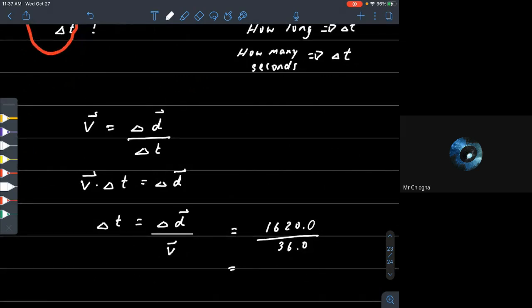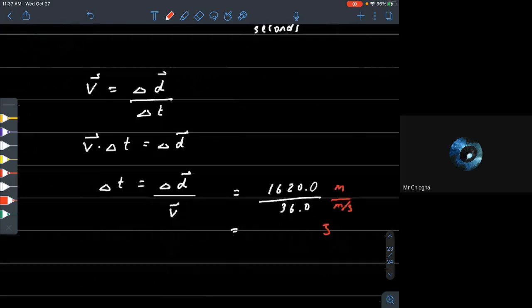It's about 40, 45, okay. It should work out to be seconds. If you're not sure, this is meters on top divided by meters per second on the bottom. And that works out. Just double check here.